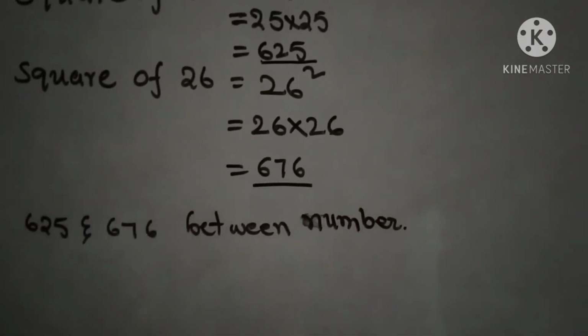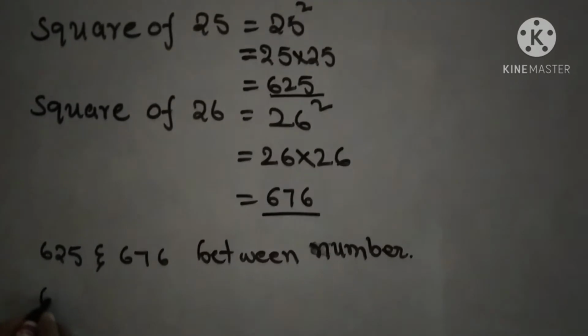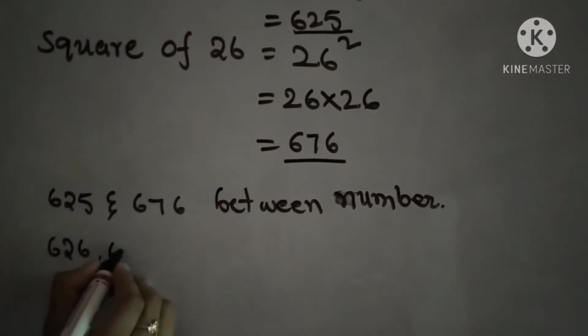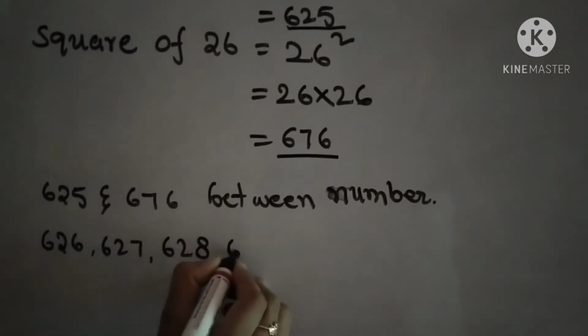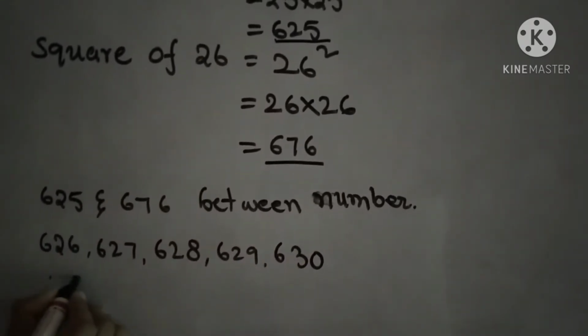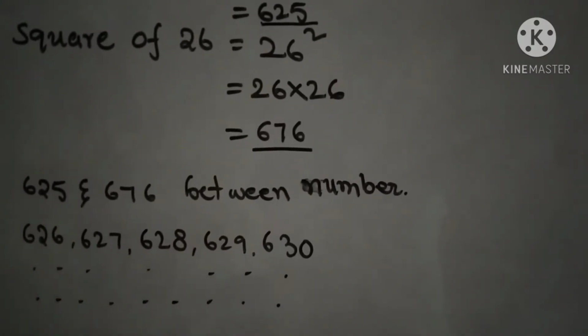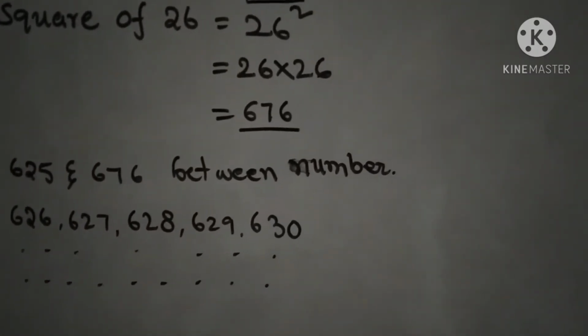First observe, after 625 you write 626, 627, 628, 629, 630, and so on. And so on means counting. Okay, I will write them all, no need for 'and so on'.